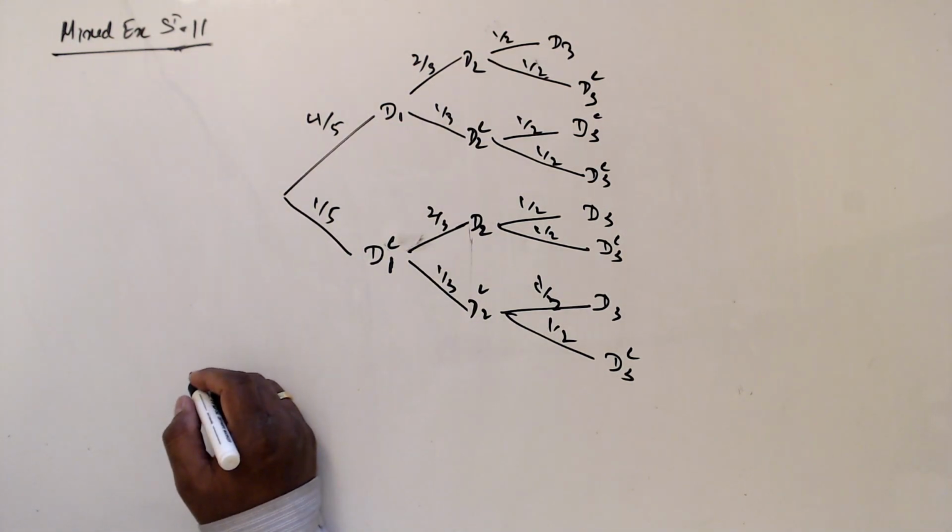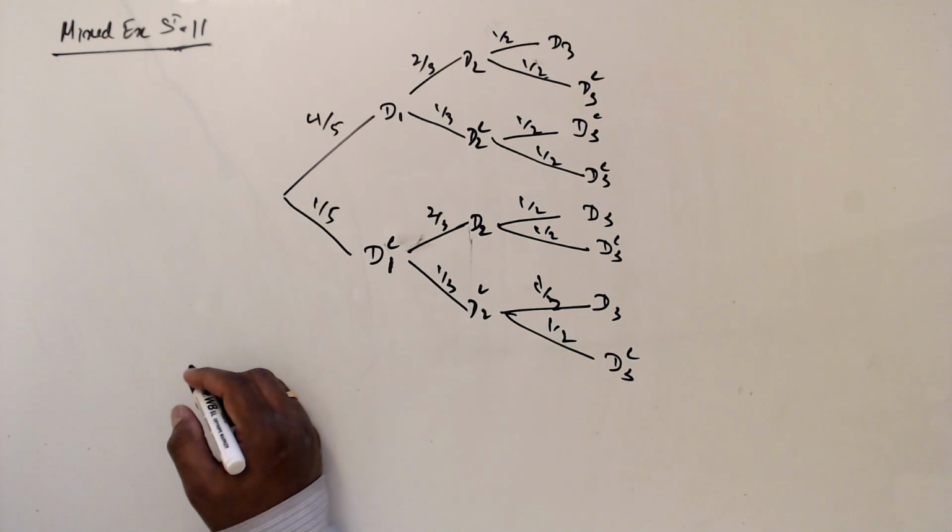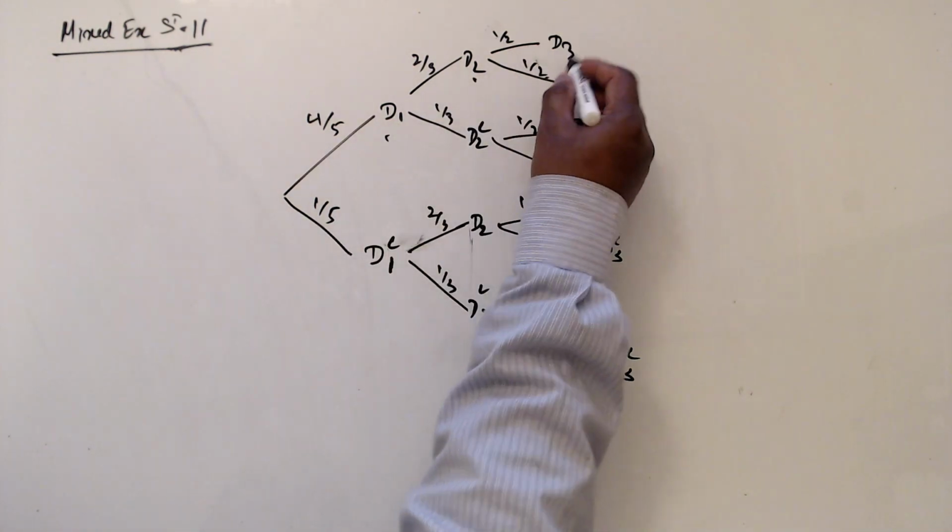Now, the first question is to find the probability that we can collect three diamonds. So D1, D2, D3.